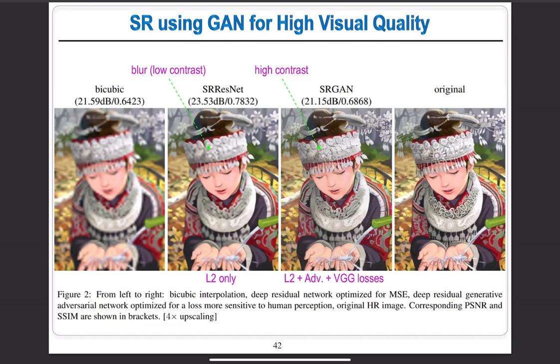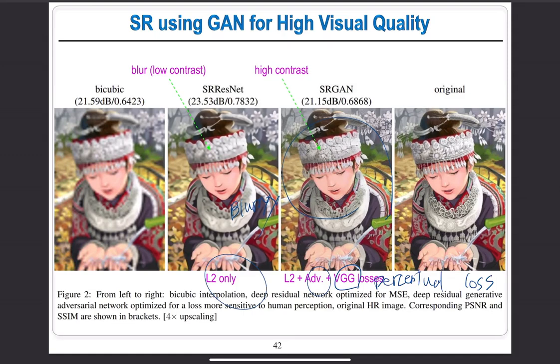And this slide visually compares output generated using different loss functions. A model trained with only L2 loss tends to produce blurry output and low contrast images. On the other hand, a model trained with perceptual loss and adversarial loss, GAN loss, generates much sharper and more realistic textures and edges.